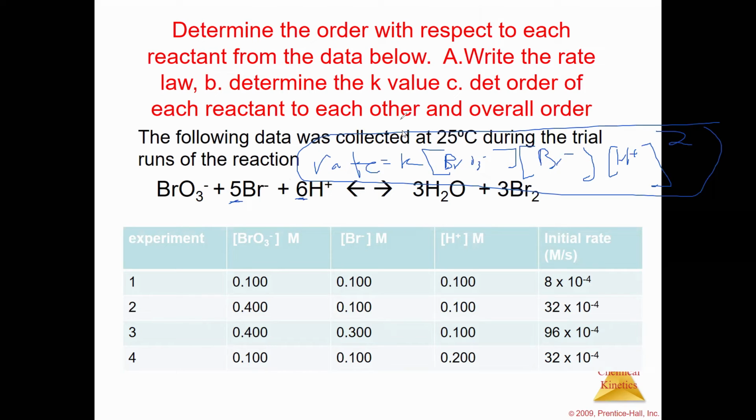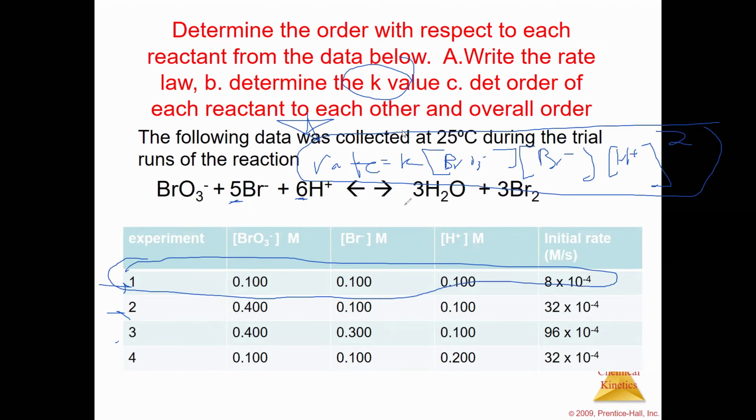Okay, now let's solve for k. Now that we know the relationship, pick any trial, it doesn't matter, and plug it in. I'm just going to do trial 1, but any of them will get you the correct answer. So I'm going to substitute in 0.1 here, 0.1 here, and 0.1 here, and the rate, 8 times 10 to the negative 4, and solve for x. So take some time, crunch those numbers. Try to put in your molarity.